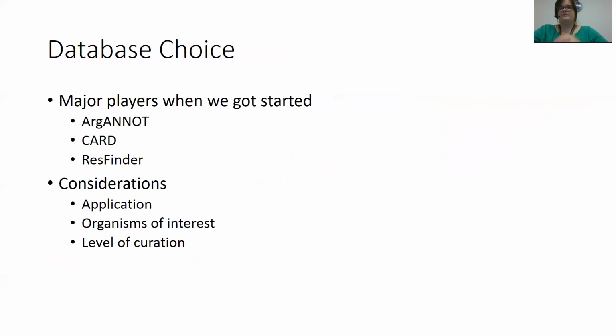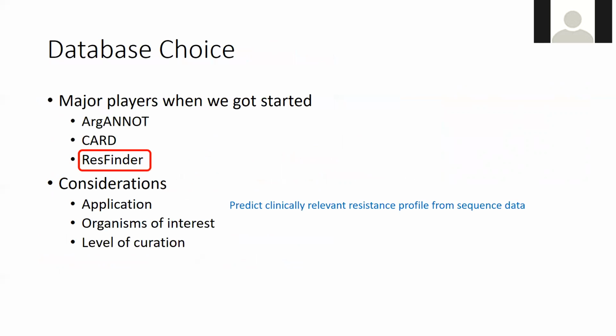So, workflow considerations. When we got started, which was also before my time, there were three major players in terms of databases: Argonaut, CARD, and ResFinder. We went with ResFinder, and I'm going to walk you through the decisions we went through to get to that decision.